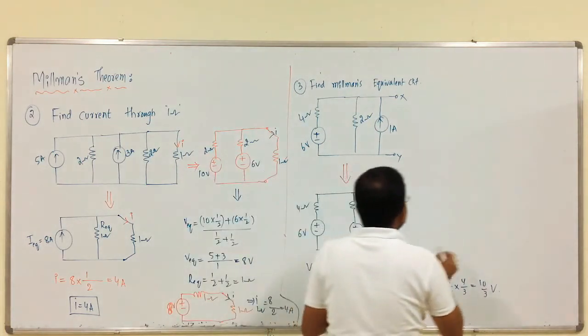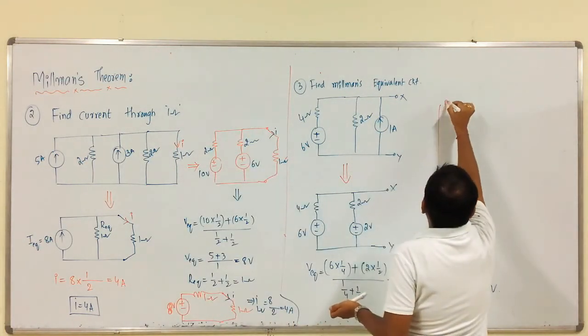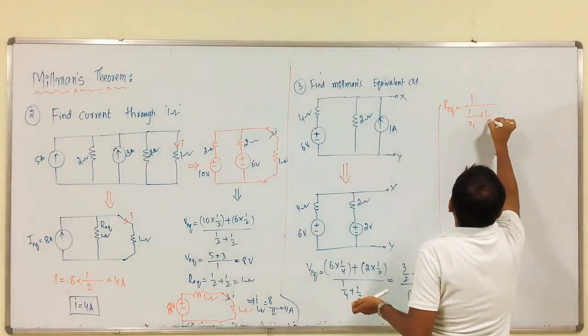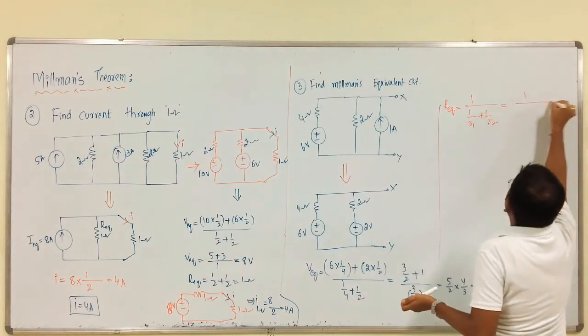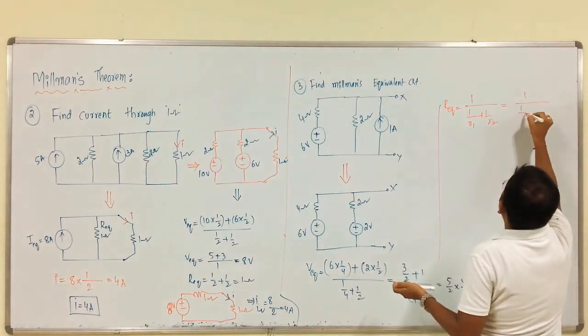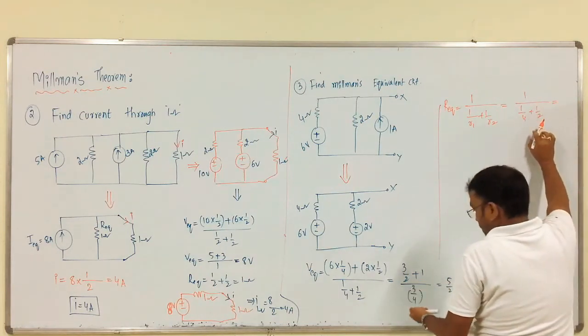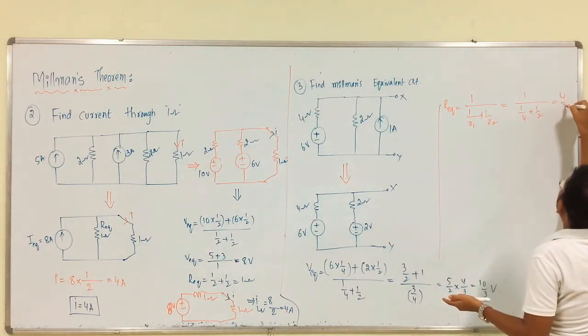Like that, R equivalent is equal to what? 1 by R1 plus... 1 by R1 is what? 1 by 4 plus 1 by 2, which is equal to 3 by 4. Therefore, the answer is 4 by 3.